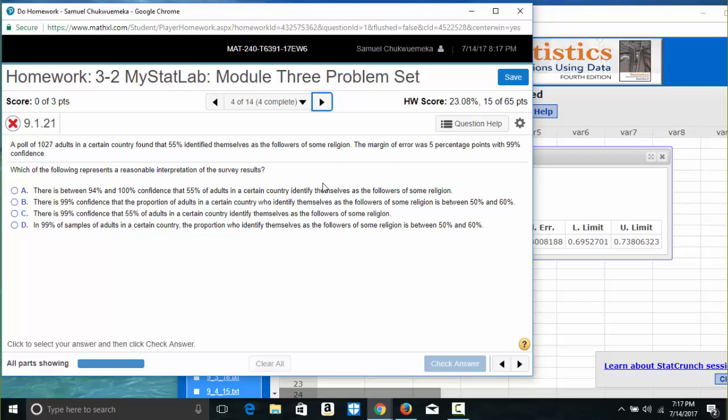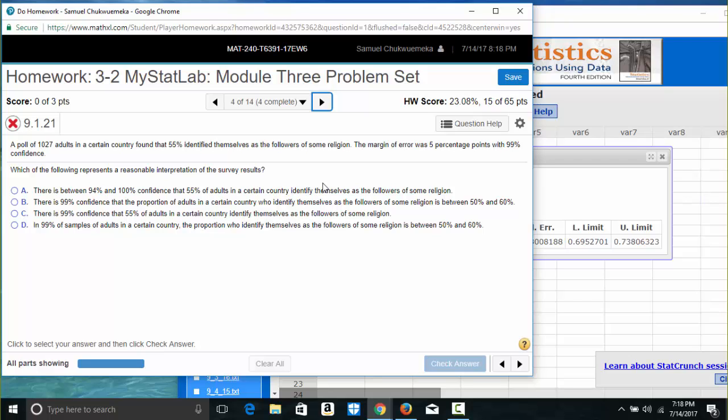Remember, the lower bound or lower confidence limit, the upper bound or the upper confidence limit. The confidence level indicates the degree of confidence that the confidence interval actually contains the true value of the population proportion, if you're estimating population proportion, which is what this question is about.